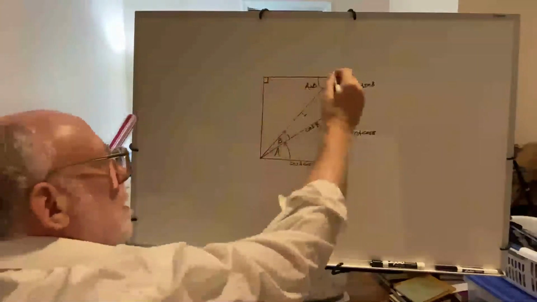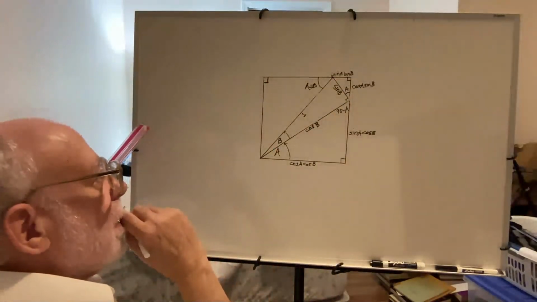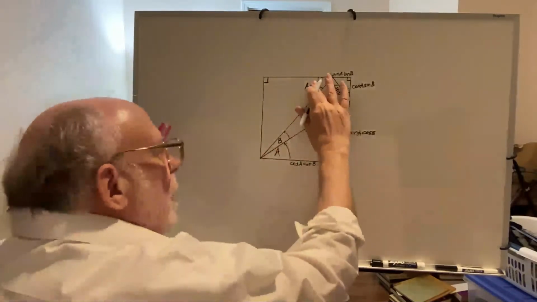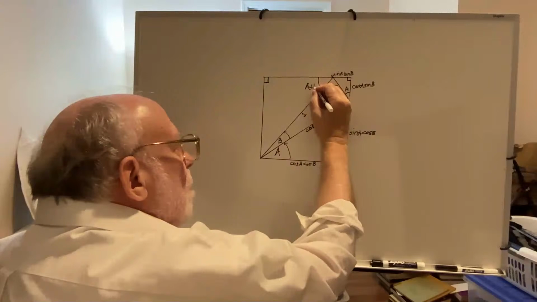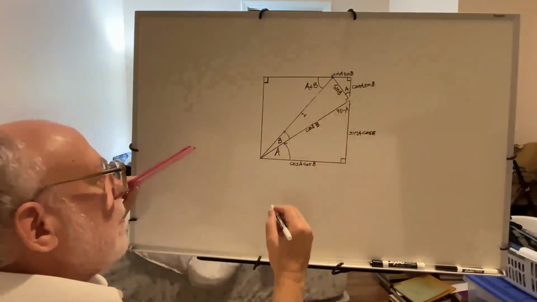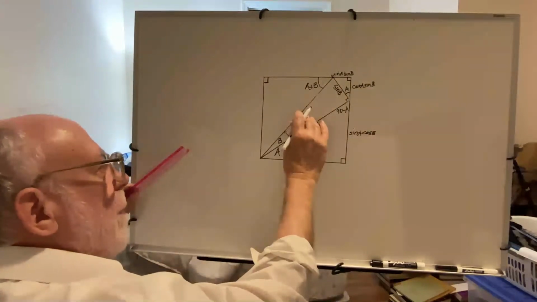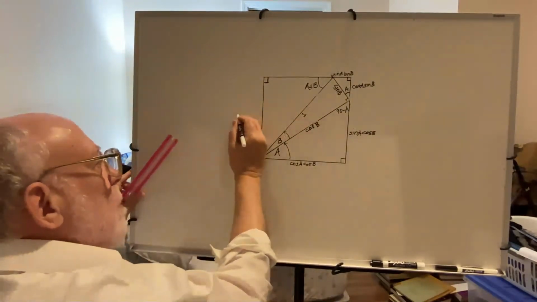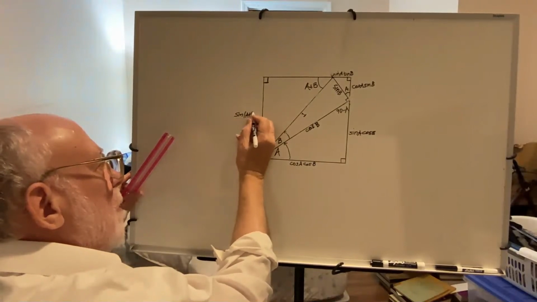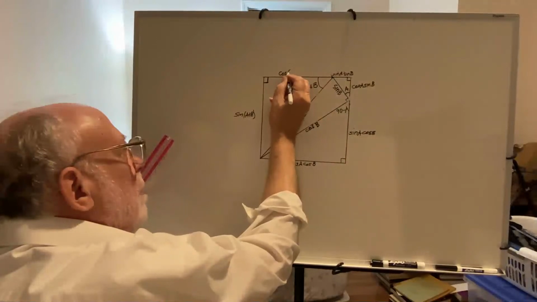And you have a Z here, which indicates that you have alternate interior angles. Alternate interior angles are congruent. So now the hypotenuse of this triangle on the upper left is 1. So this is the sine of the angle, and this is the cosine of the angle.